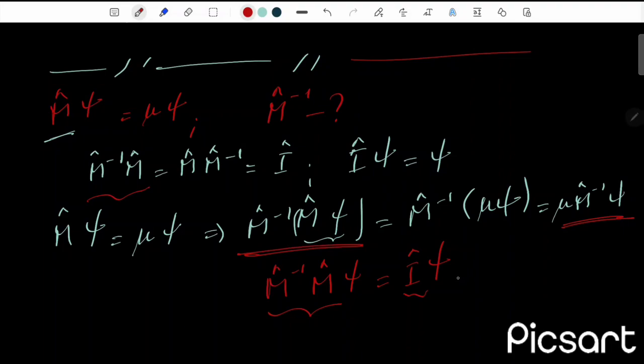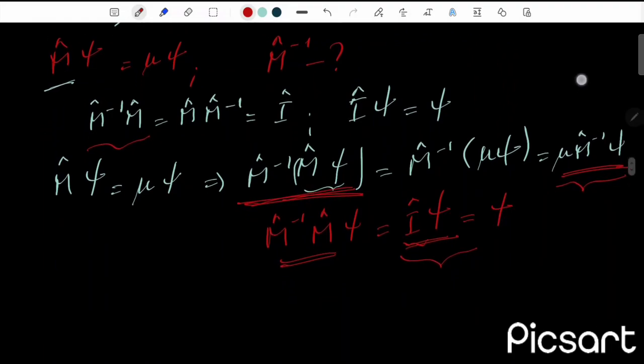And if we have this identity equal to this, which is also equal to this identity, then we are saying that this expression must be equal to this one. And here, remembering, we must have only psi.